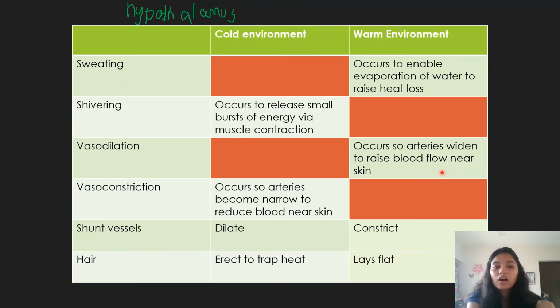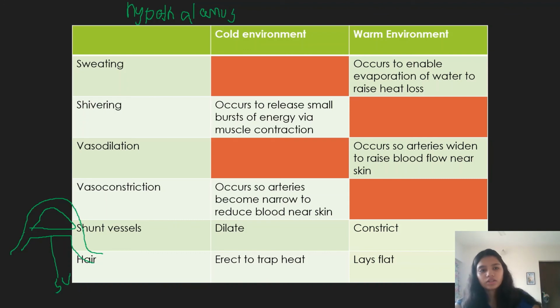Shunt vessels constrict. Shunt vessels are basically, I'm going to draw it out for you. I should have probably attached a picture. I'll probably do that. So this is your shunt vessel. Over here, this is an arteriole.